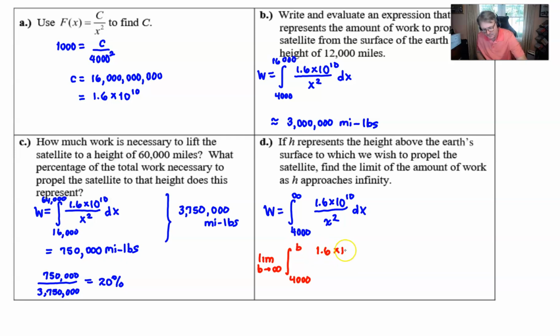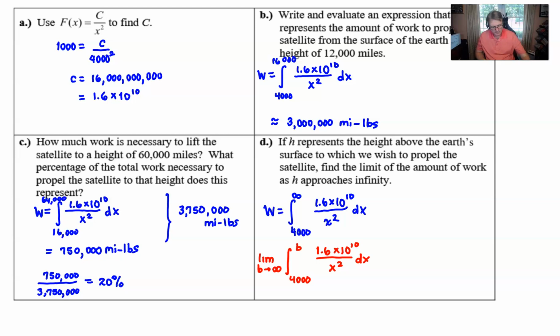So I would put a b up there as such, and then we would use the properties of solving an improper integral, which is discussed at the end of Unit 6 in the College Board course and exam description. But again, I'm going to rely on our graphing calculator one more time to take this into consideration.